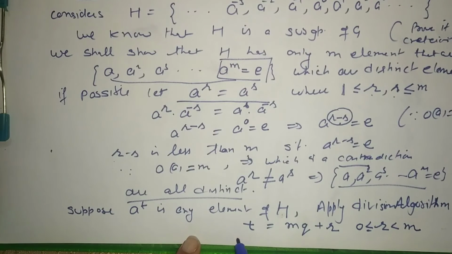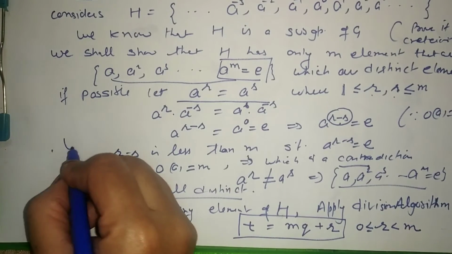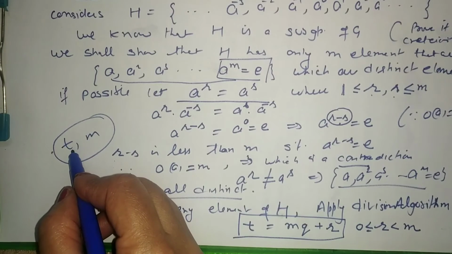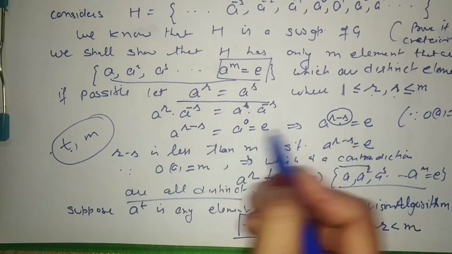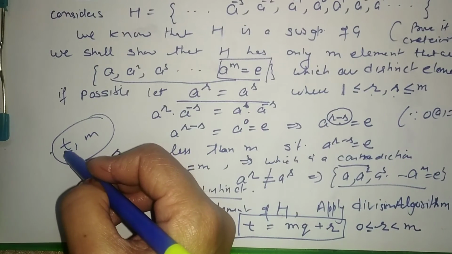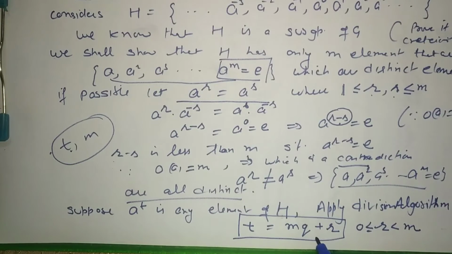So this is the division algorithm: for any two integers, here we have t and m, let t be the greater number because m is the order. So t is any power, we divide t by m and we will have some quotient and remainder and we can put that in this form.